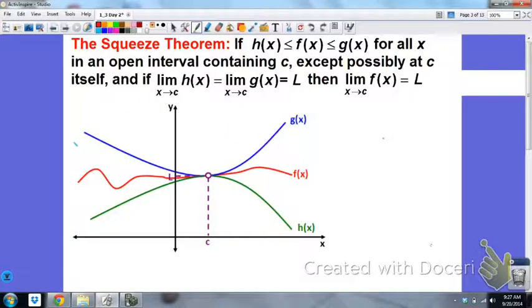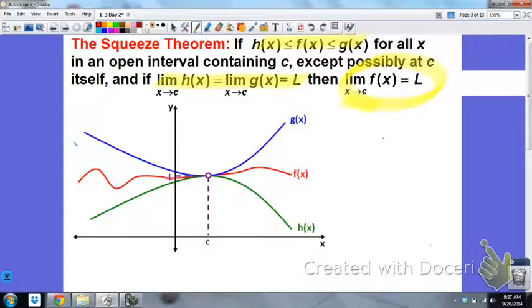Next up we have the squeeze theorem. At first it looks a little complicated, but let's break it down. It says if h of x is less than or equal to f of x, which is less than or equal to g of x, for all x in an open interval containing c, except possibly at c itself, and the limit as x approaches c of h of x is equal to the limit as x approaches c of g of x, which is L, then it means that the limit as x approaches c of f of x is also L, which was the same as the limit of h of x and g of x.